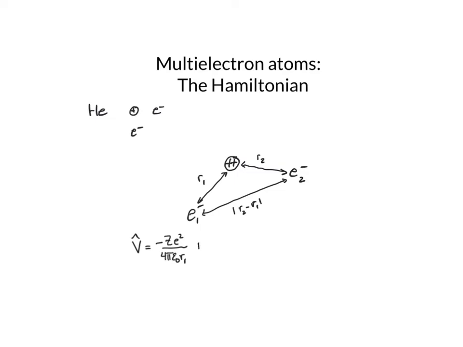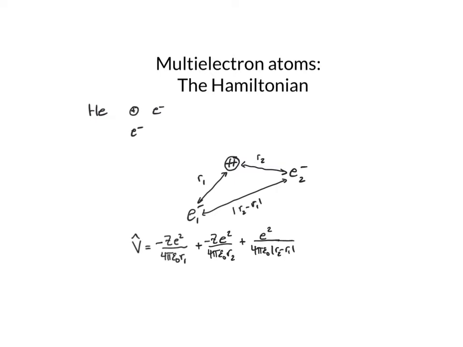And then we have to add in the potential energy between the nucleus and electron 2, so that depends on R2. And then we also have the potential between our 2 electrons, which depends on the distance R1 minus R2.